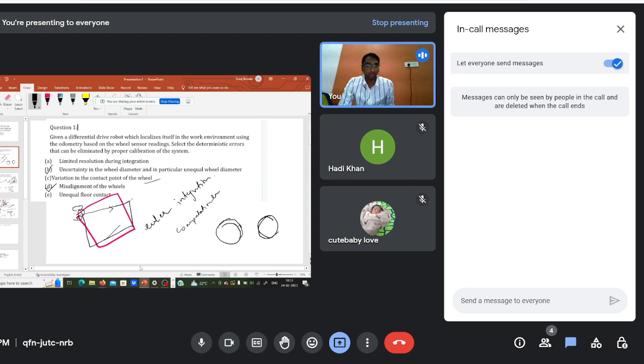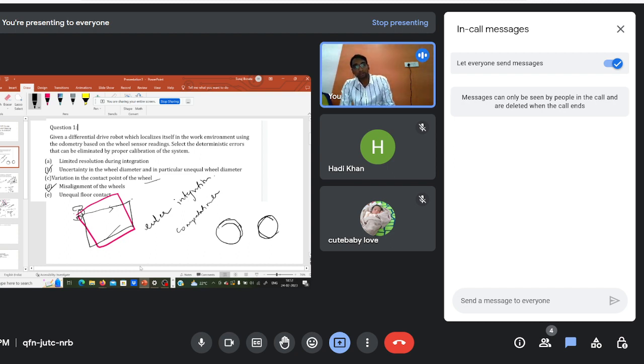Maybe the wheels are of slightly different size due to manufacturing defect, or the wheels are not aligned properly, the center to center match is not there, or the axis is not proper. Such things make the error have some trend. You can predict that because of the wheel being smaller or larger than the other wheel, this much error will come every time. That you can calculate and then compensate for. That is called calibration, compensating the error.